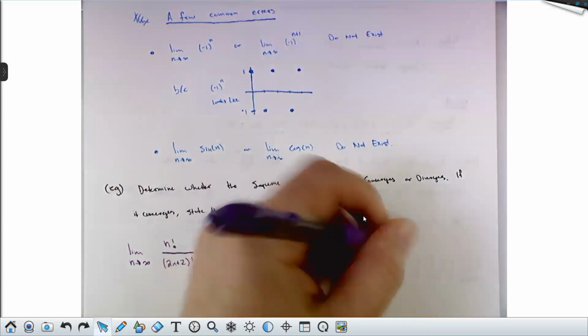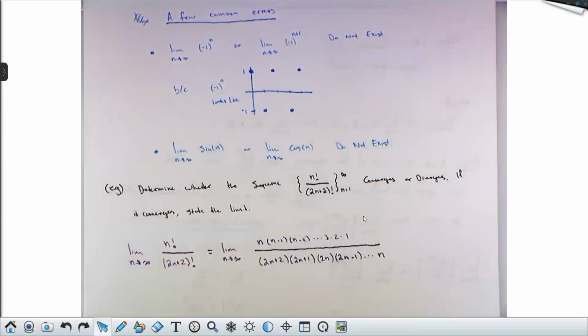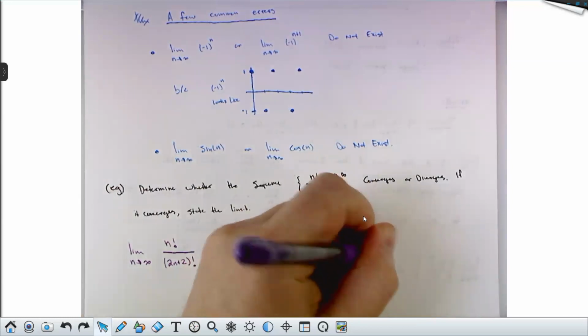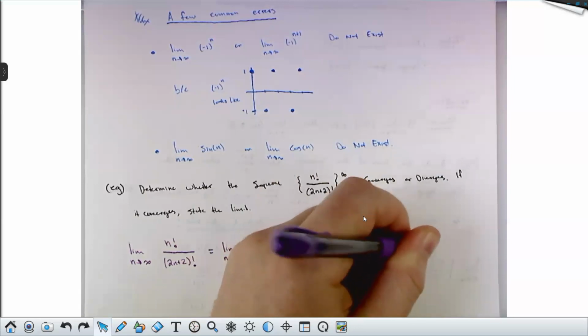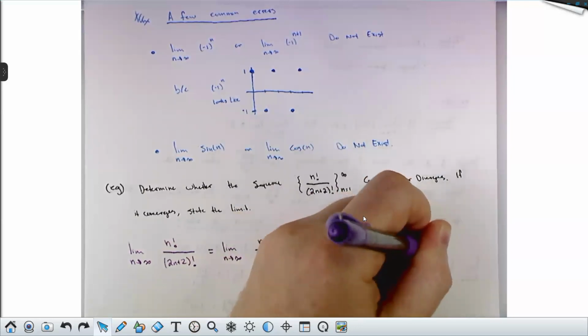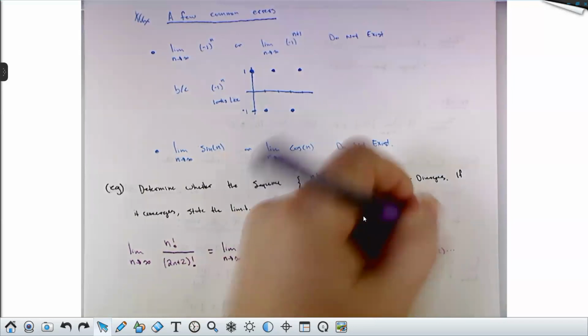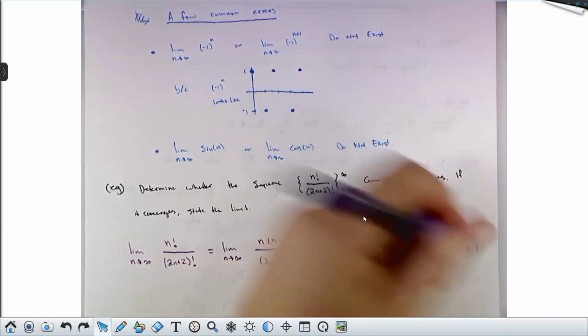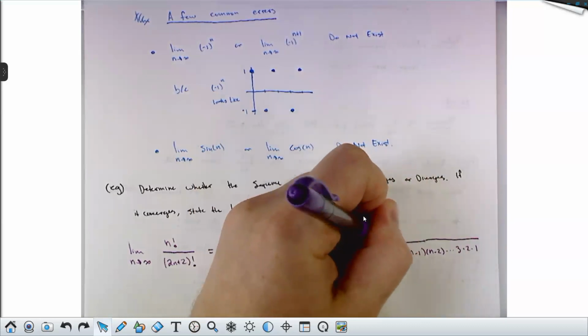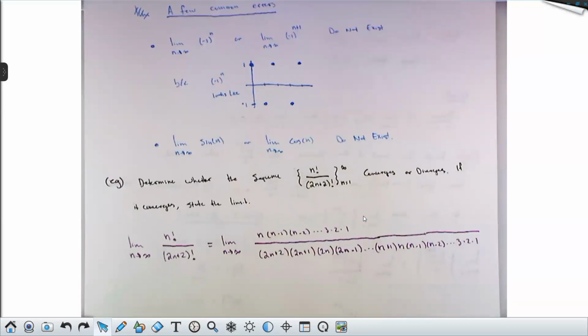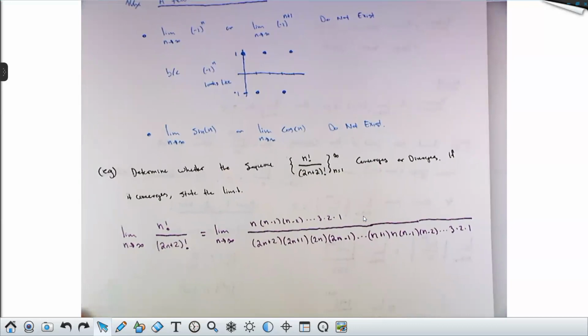Eventually, I'm going to get down to n itself. The term right before n would be n plus 1, and then n minus 1, and then n minus 2, and then eventually we'll come all the way down to 3 times 2 times 1. So here's the bottom written out. That's 2n plus 2 factorial written out.